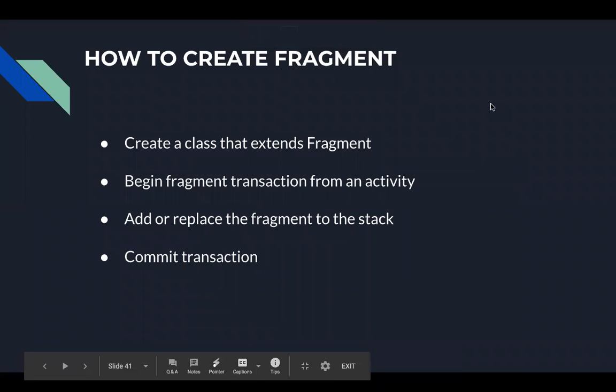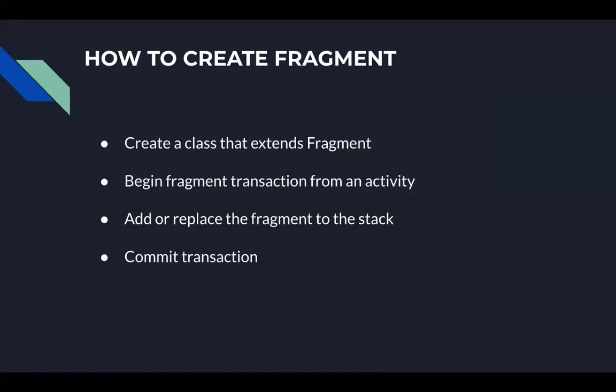So how do you create a fragment? First of all, you know that we have to have an activity. After you have that activity, you can create a class, and that class has to extend Fragment.